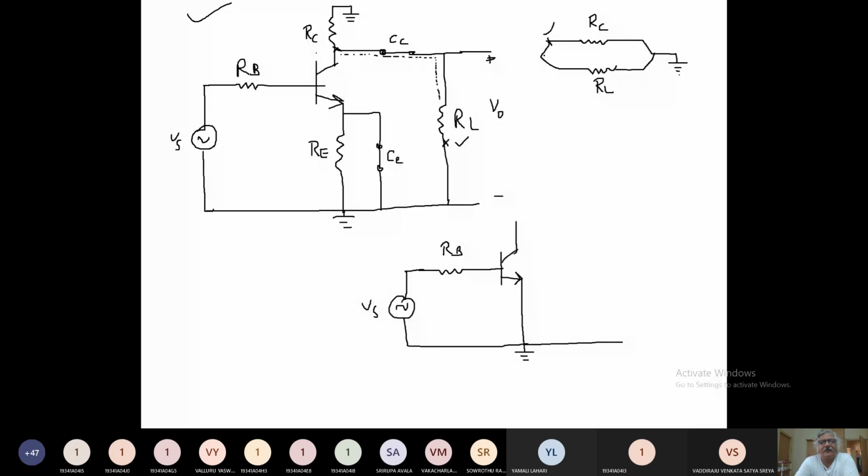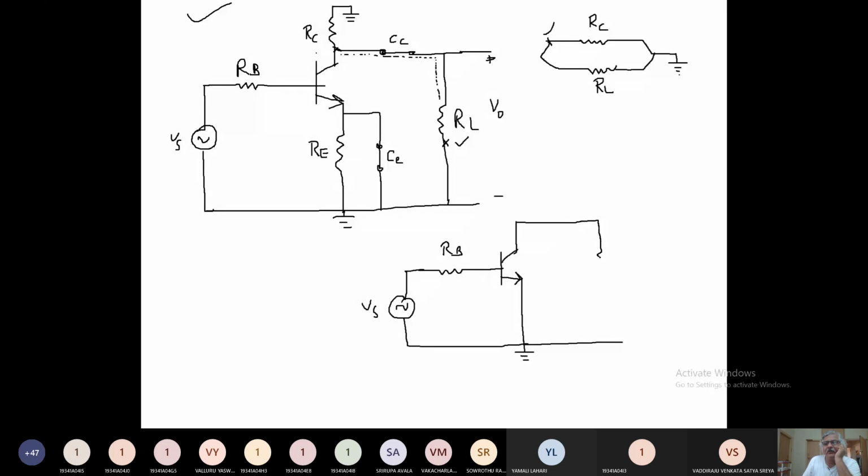So you just see RC and RL both are in parallel. Can you observe this? You just see this figure. One end of the RL is connected to ground. One end of the RC is connected to the ground. And the other end is connected to each other. So RC and RL both are in parallel. So I can draw this circuit here in this way.